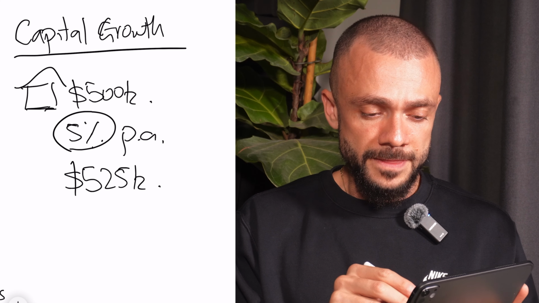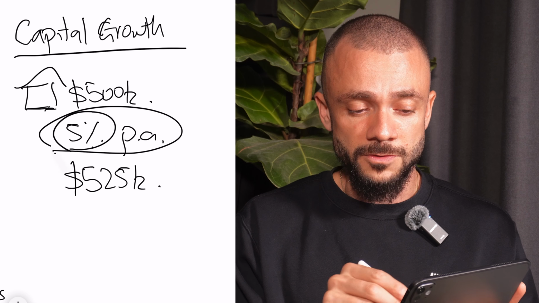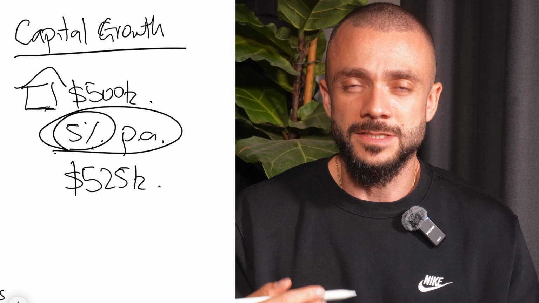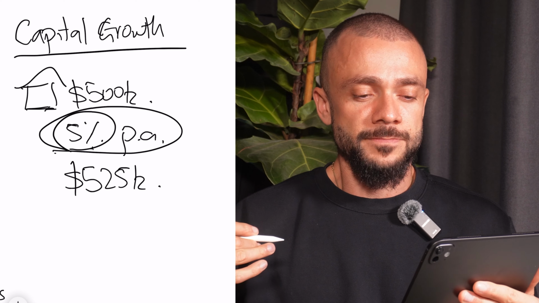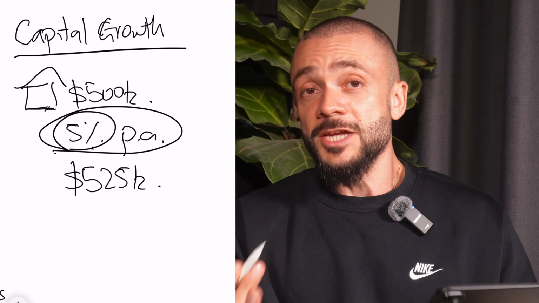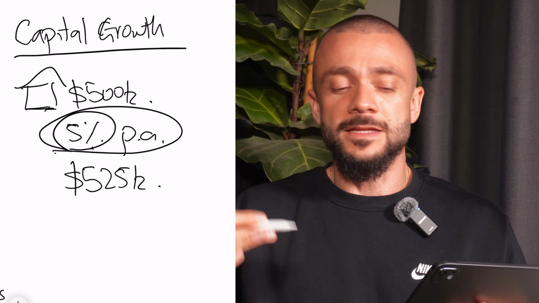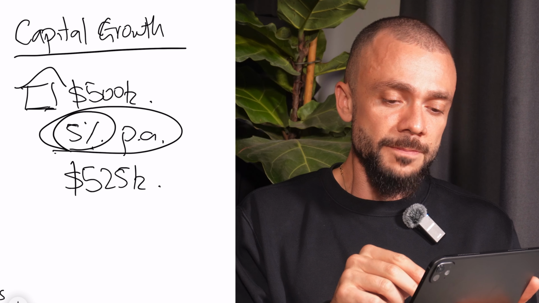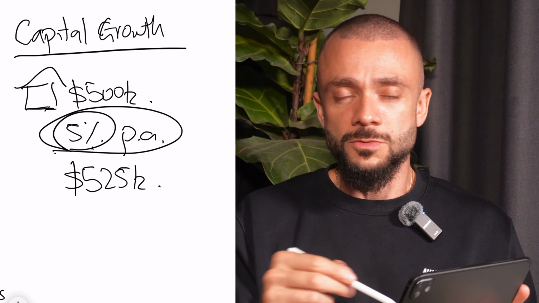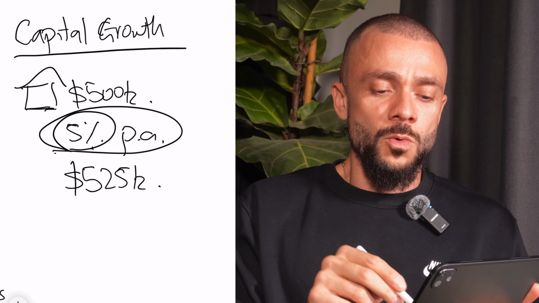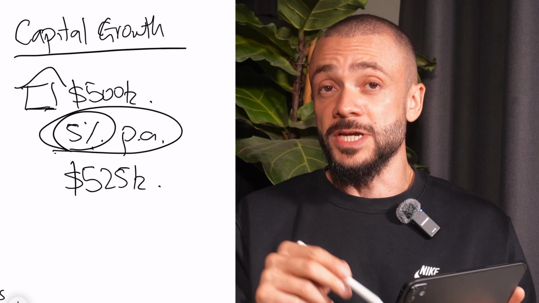Now obviously this growth rate, or the historical growth rate, is really just an indication of what's happened previously. It doesn't mean to say that's going to happen in the future, but nonetheless, this is a good way to sort of estimate where the value of the property is projected to go.